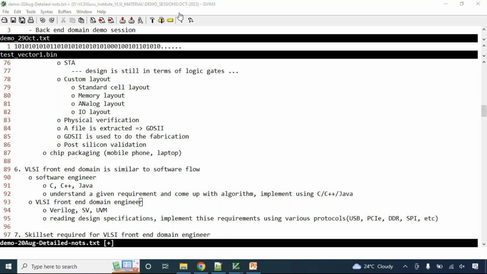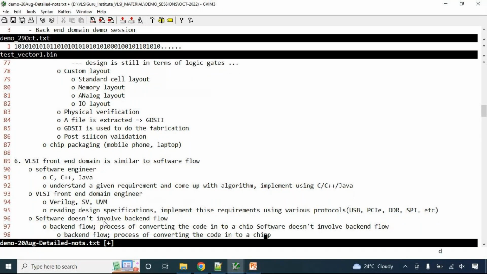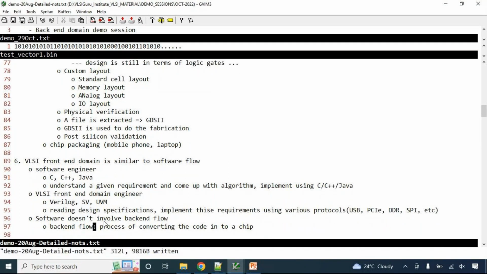So software doesn't involve backend flow. Then what is backend flow? Process of converting the code into a chip. Software doesn't require that. That is where they differ.